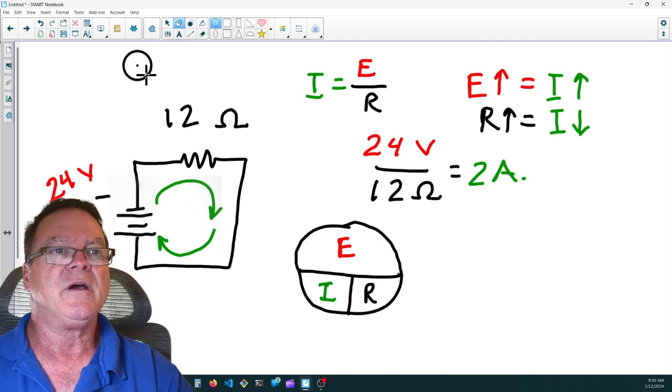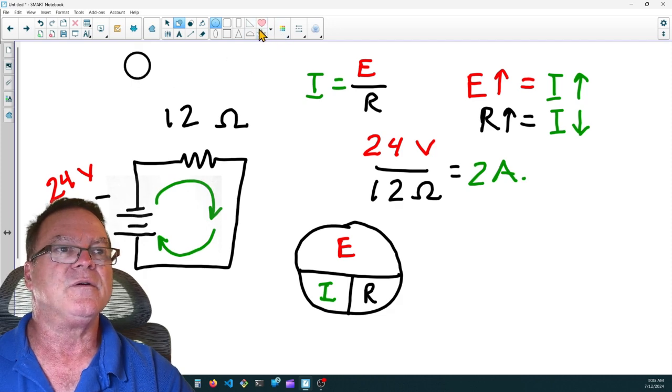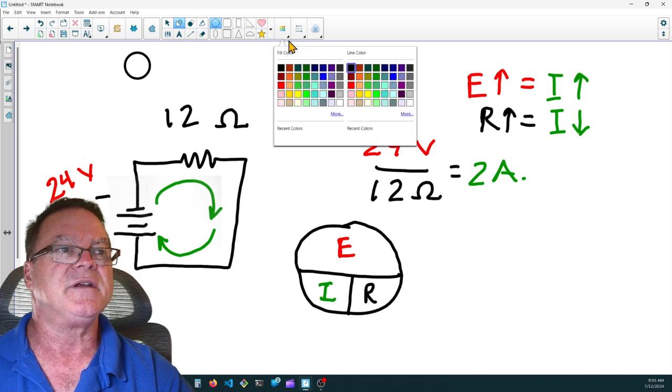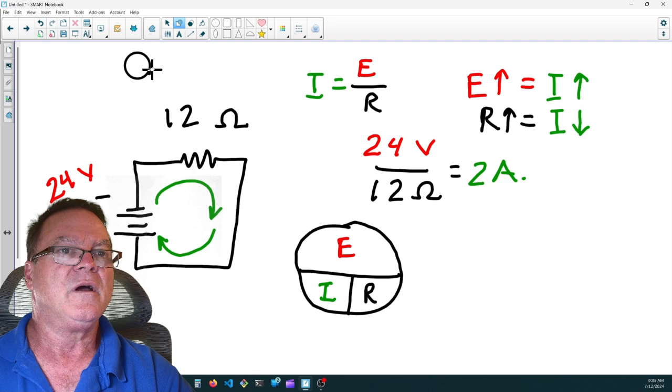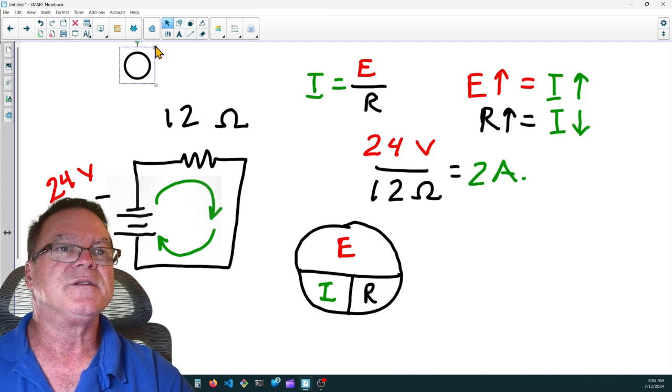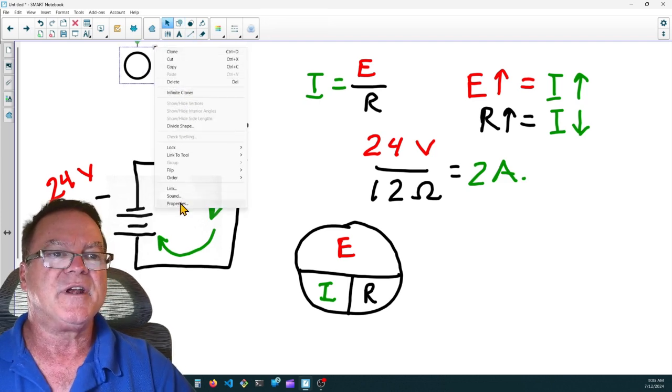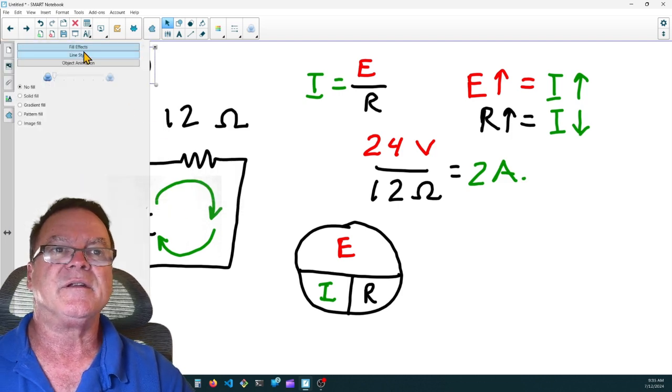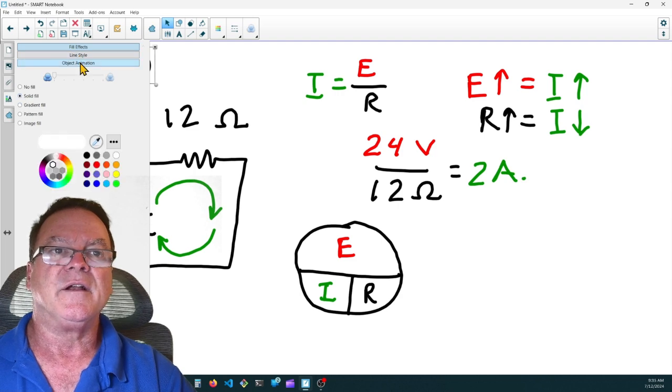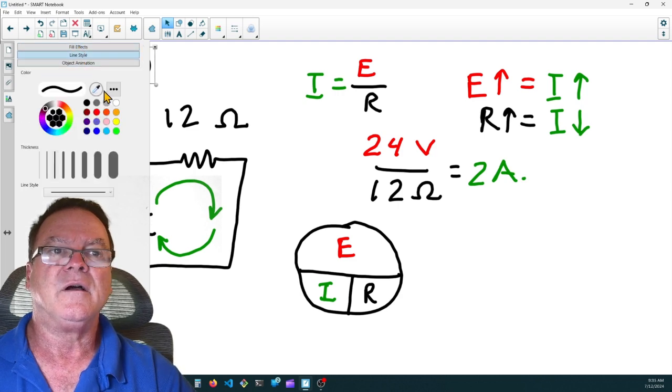Let me make a circle. That's good. And I want to make that circle solid. How do I make it? Let's see here. I'm going to make it a neutral color of blue. Let me change my properties. I'm going to make it fill effect solid. And I'm going to make this blue.